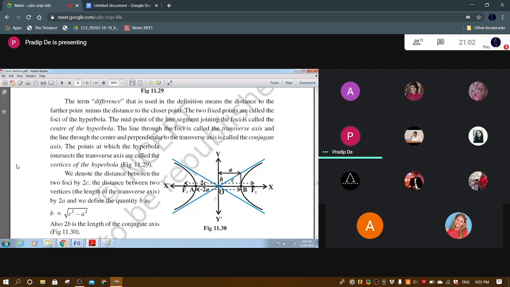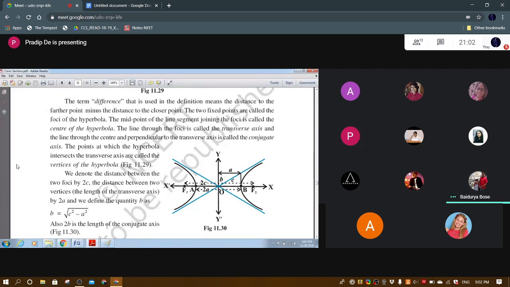That is passing through the center. On that line, there are 2 points. One is b units above it and the other one is b units below it. That is 0, b and 0, minus b. The line joining 0, b and 0, minus b, that is the conjugate axis. Which one is the vertex? Vertices A and B.